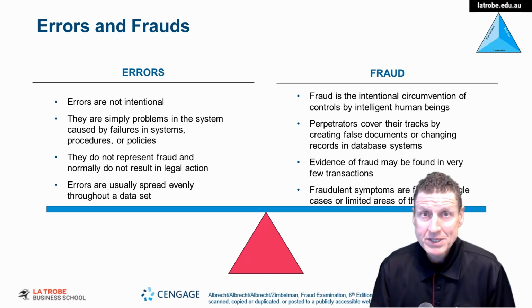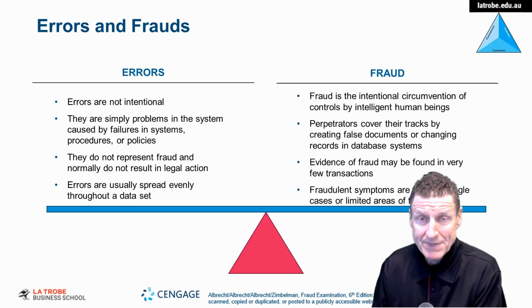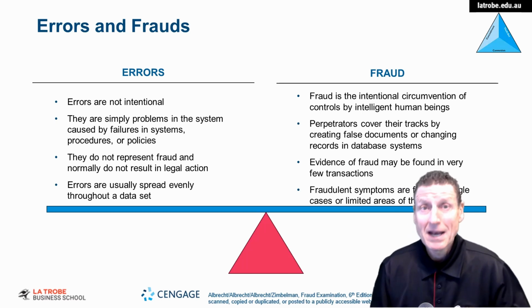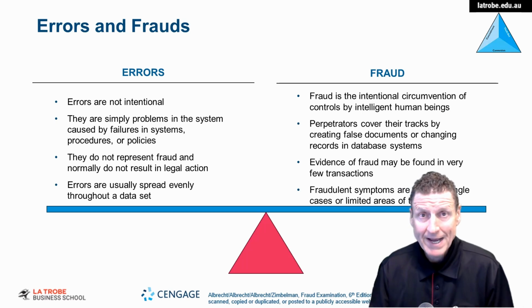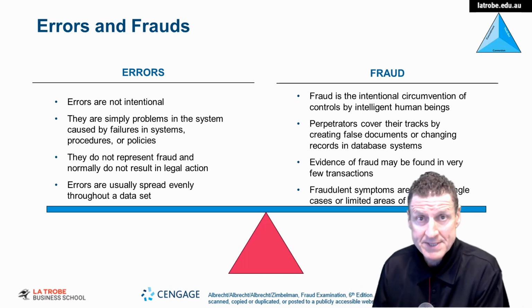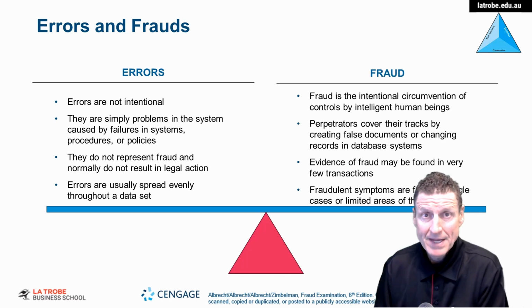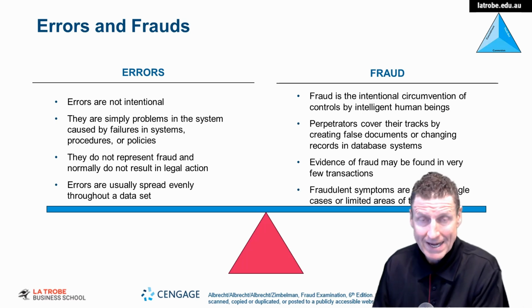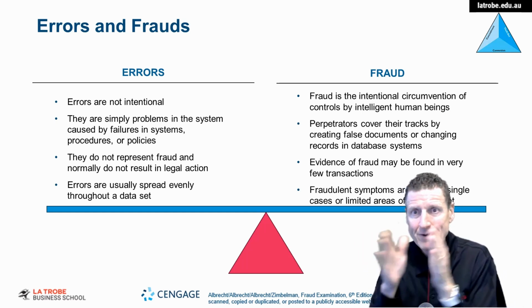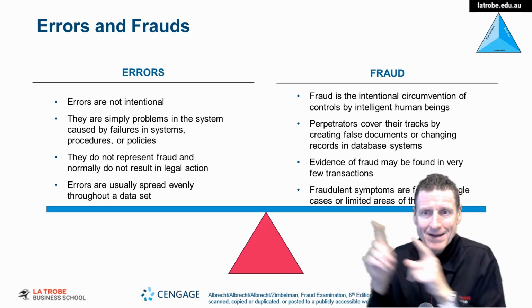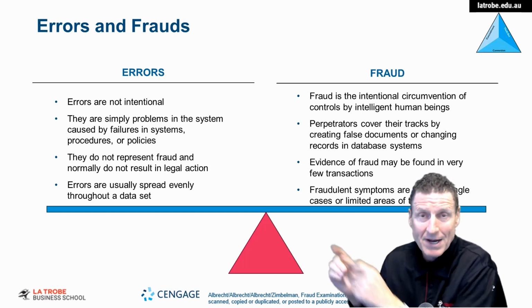Some ways, errors may lead to fraud symptoms. That's why we learned in last chapter, take symptoms as a red flag, but also with a grain of salt until you get further evidence, corroborating evidence that points you in the direction of fraud up here rather than over here. It is an error.